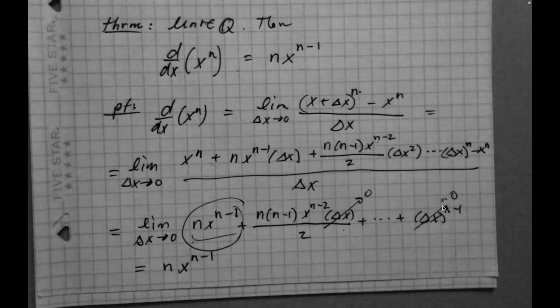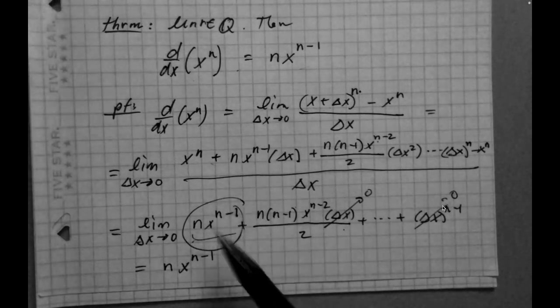Now, something to notice. Many watching this may notice that this proof really only works when n is a positive integer greater than 1. For the case when n is less than 1, or whenever n is a rational number, not an integer, it's somewhat more involved, but it's going to follow the same basic format.